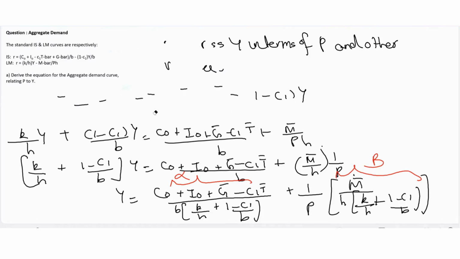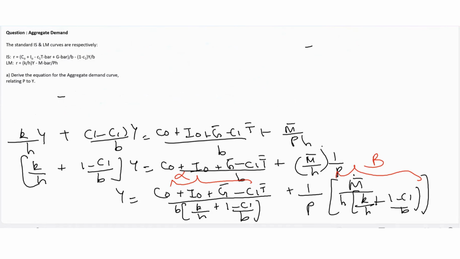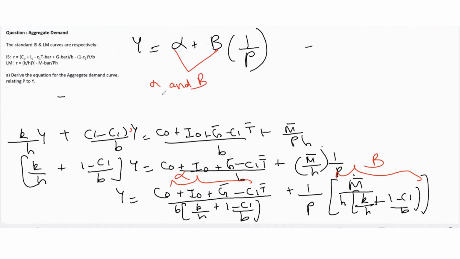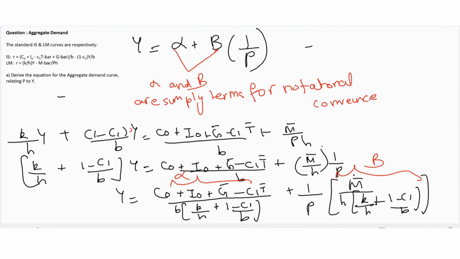So then we can write this as Y is equal to alpha plus beta times 1 by P. So we've derived a relationship between P and Y such that goods market and money market are in equilibrium, and alpha and beta are simply terms for notational convenience, so that we don't have to write this entire thing again and again.